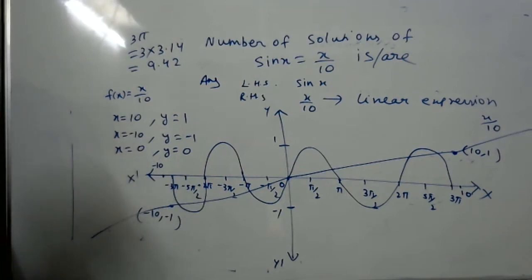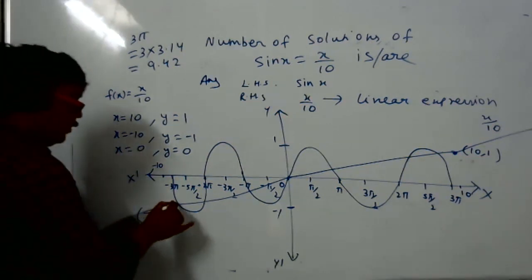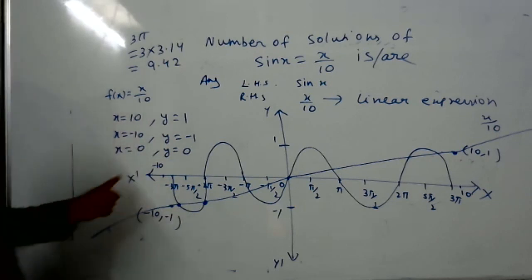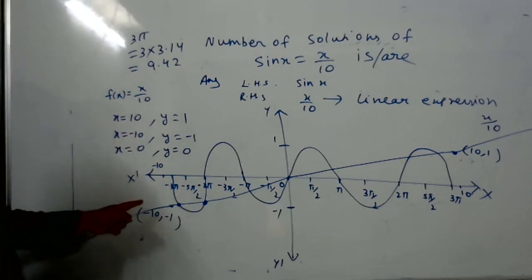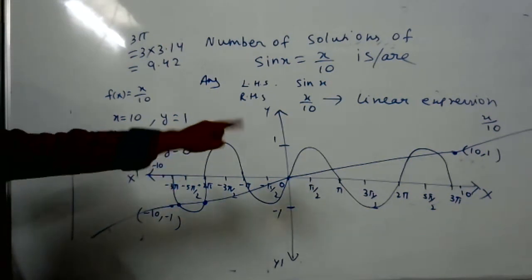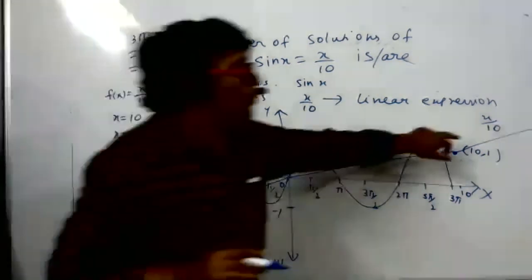Student, tell me, how many times is the sin x graph intersecting the line graph? 7 times. And what happened after 3 pi? The sin x graph will not intersect because the value of y for the line will be more than 1.